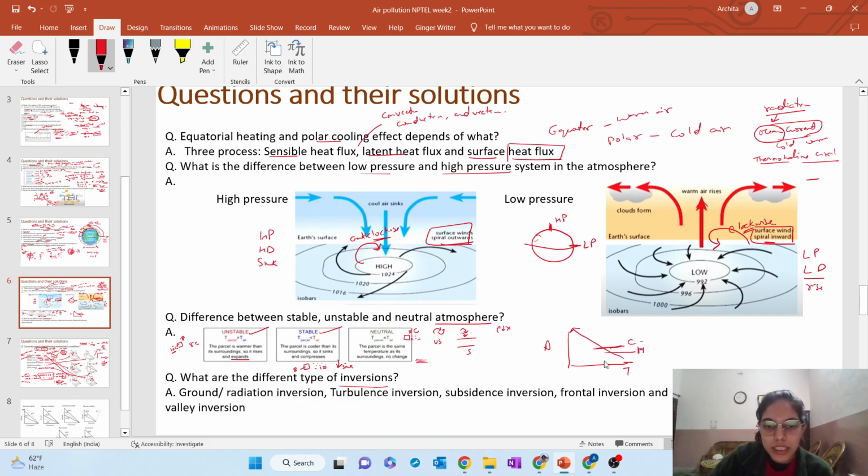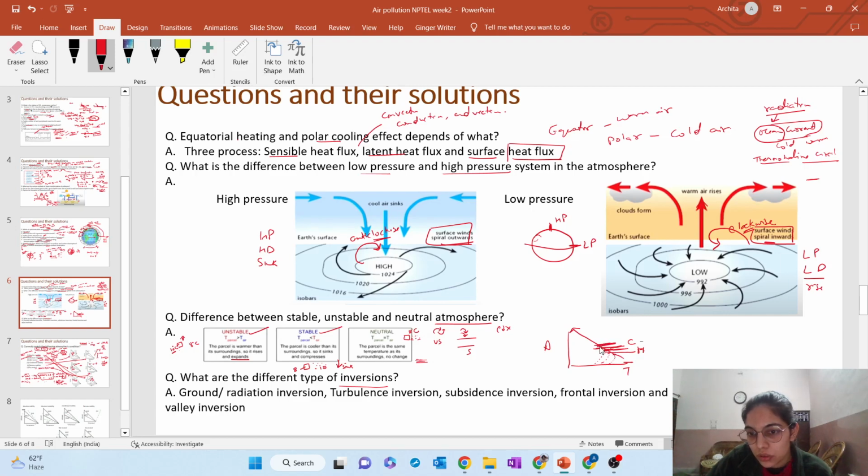But what happens is that because of ground radiation, the heat will transmit slowly, and it forms these tiny zones of in-between layers. Let's say this is hot air, so above it it should be cold, but because the heat is transmitting from the surface, it makes these sandwich layers.